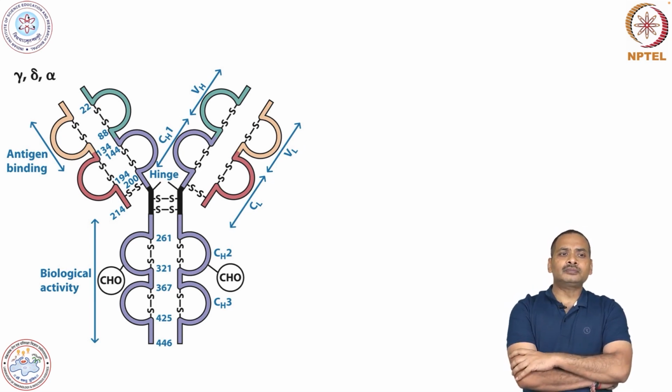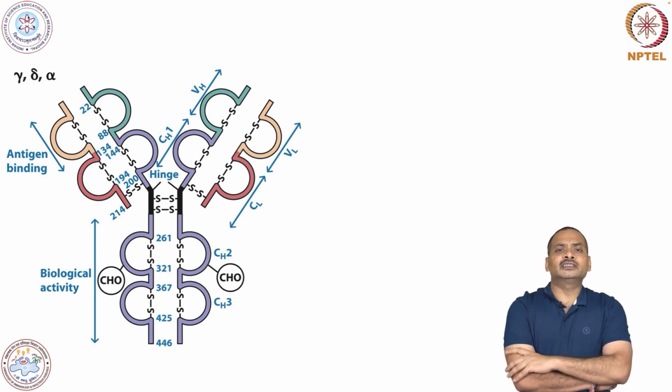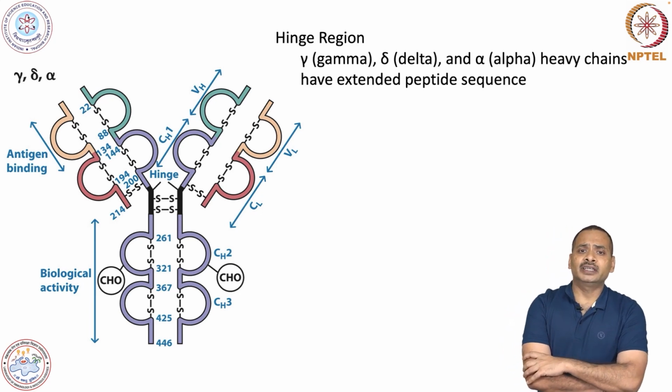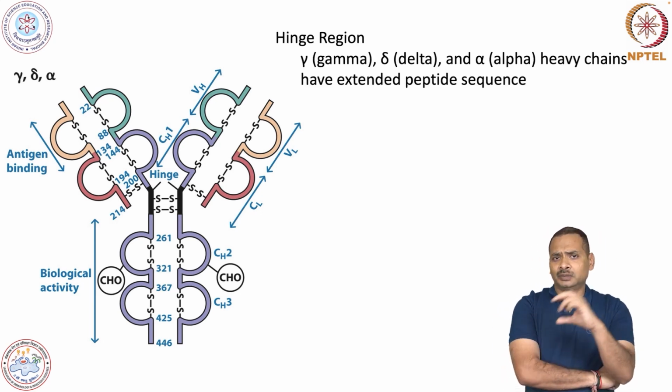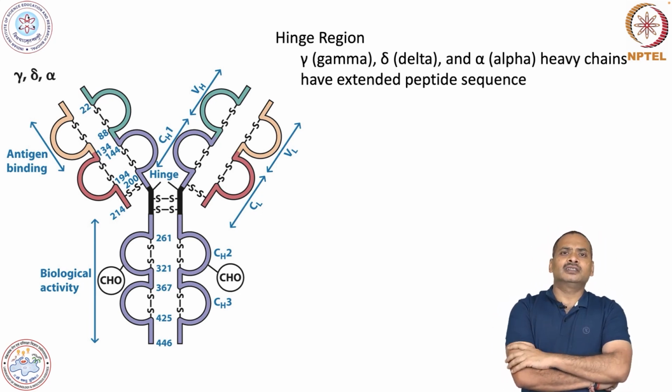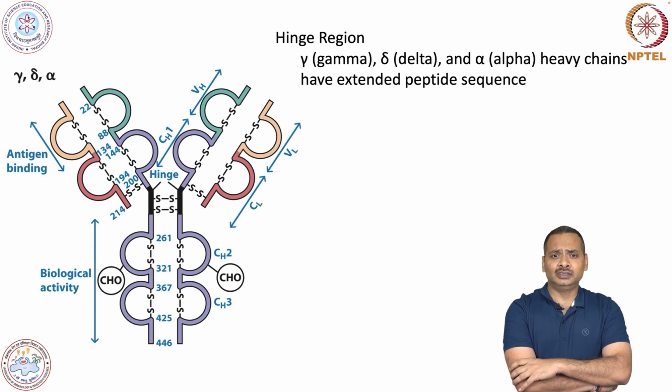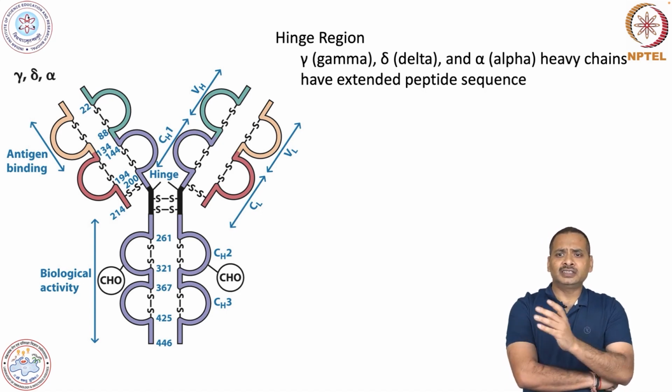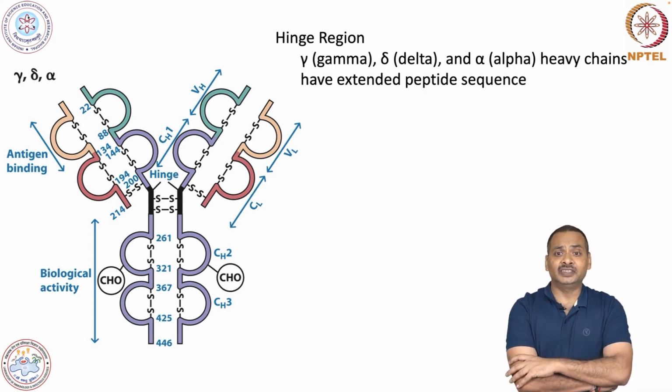All these three classes of antibody have a unique region in the constant region of the heavy chain: the hinge region.